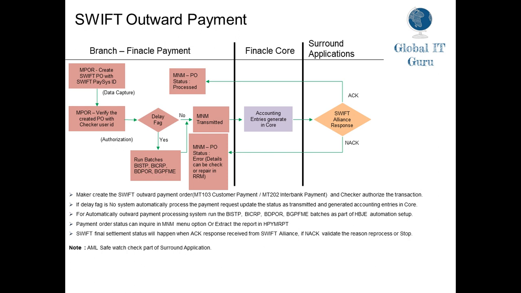After that, the Finacle core will send all the transaction details to the Swift Alliance. We can say it is a surrounding application; in some countries it is known as a third party application. In India, we have SFMS for NEFT and RTGS. Like that, we have a third party alliance here, the Swift Alliance.